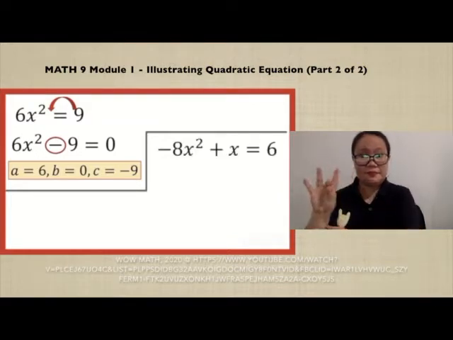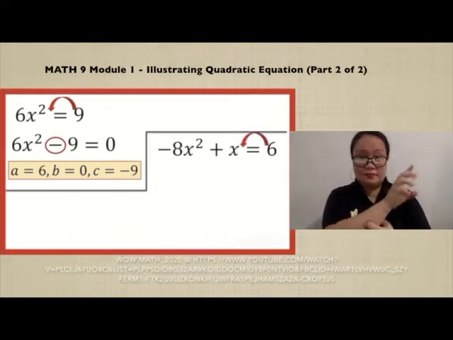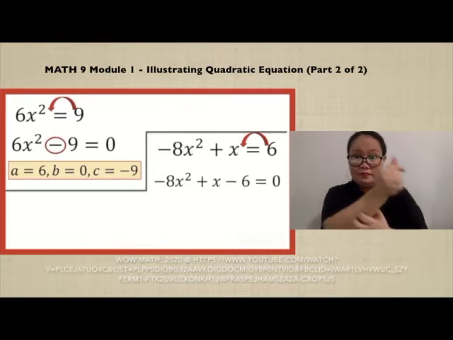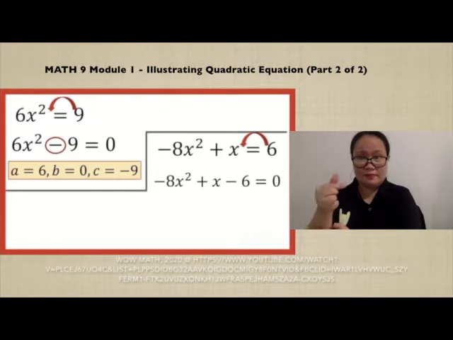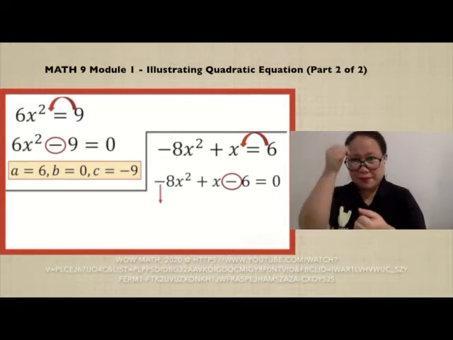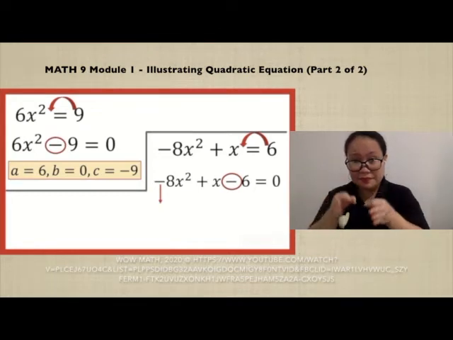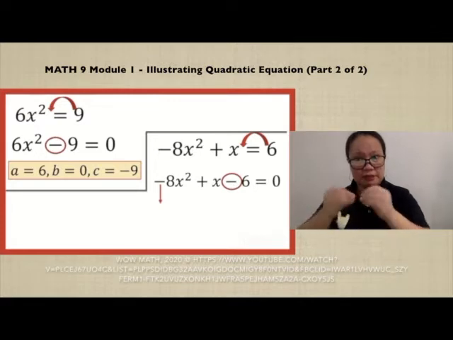Next, I have here negative 8x squared plus x is equal to 6. So first, ilipat natin si 6. That will become negative 8x squared plus x minus 6 kasi magiging negative na si 6. And then equate to 0. Now, remember, kagaya ng sinabi ko kanina, na ang standard form, your a should be a positive real number.